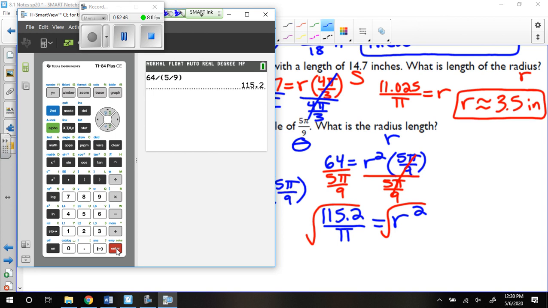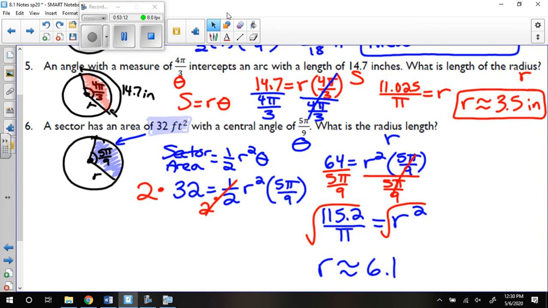Okay, so if I do the square root of 115.2 divided by pi, we get approximately 6.1. So our radius is approximately 6.1, and let's see what our units were. Do we have units? Yep, feet.